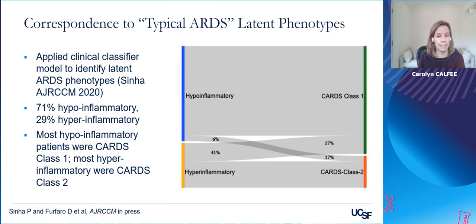This diagram at the right-hand side is a Sankey plot that shows the correspondence between these typical ARDS phenotypes on the left and the COVID ARDS phenotypes on the right. And you can see that while there is some crossover between these phenotypes, most of the hypoinflammatory patients were in the COVID ARDS class 1, and most of the hyperinflammatory ARDS patients were in COVID ARDS class 2.